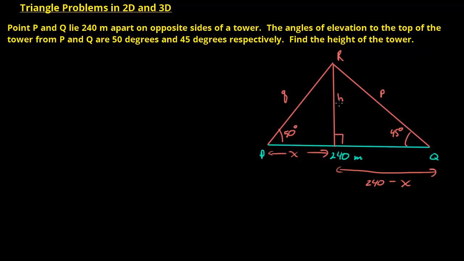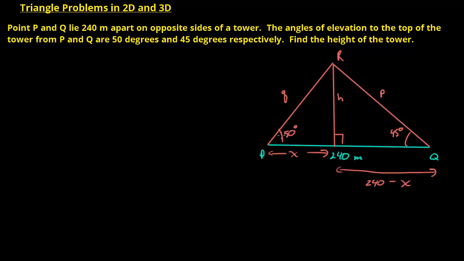Now I've got two unknowns, and I can set up an equation. In this triangle, tan of 50 degrees is equal to h over x. And in this other triangle, the 45-45-90 triangle, the tangent of 45 degrees is equal to h over 240 minus x.